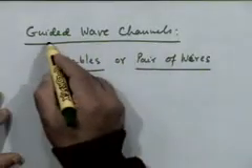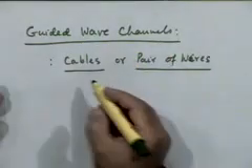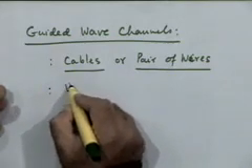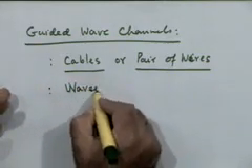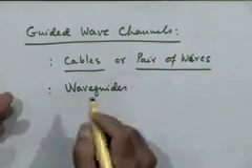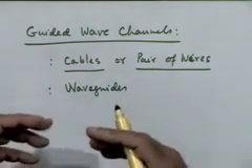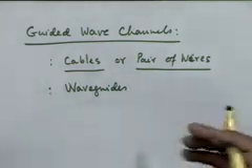So if you are working with cables or pairs of wires, or guided waves, waveguides for example, guided waves can also be in waveguides. You know about waveguides, right? Waveguides are essentially either cylindrical or rectangular metal objects, pipes, through which electromagnetic energy is transmitted.